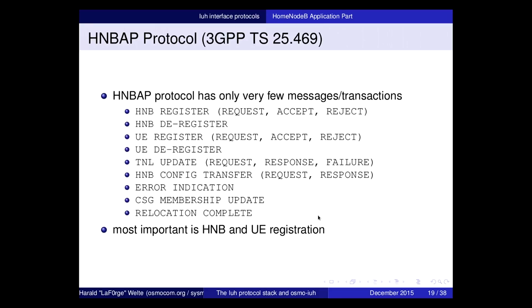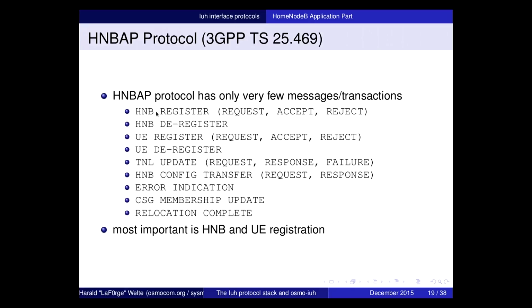The Home Node B application part, the HNBAP protocol, has a couple more transactions which basically serve for the registration of the cell to the network, the registration of user equipment, UE, that's your mobile phone, and some additional messages.